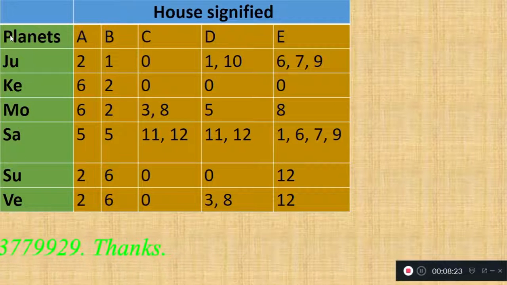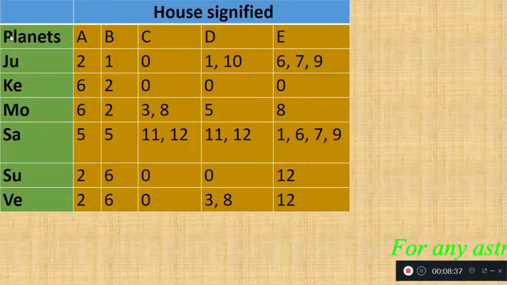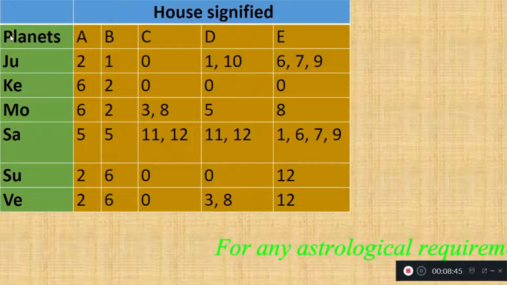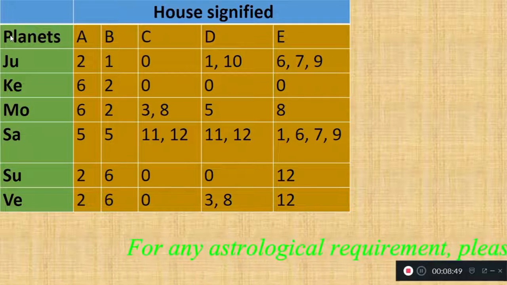Here we can clearly see that second house and sixth house come as the signified houses most strongly. So native will get the significations of sixth and second house in the time period of Jupiter Mahadasha.